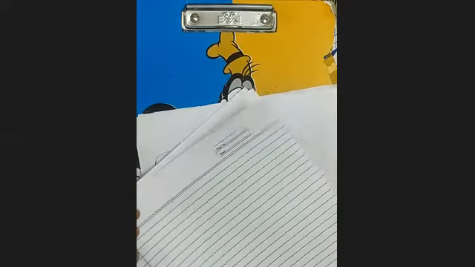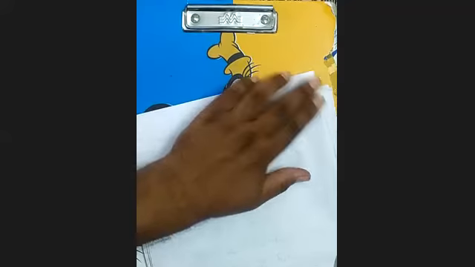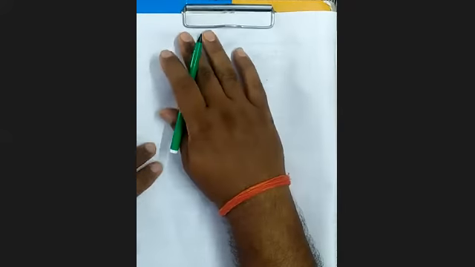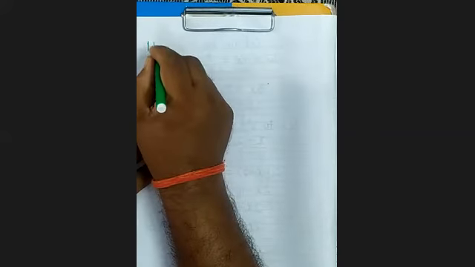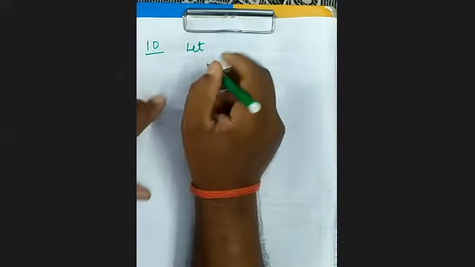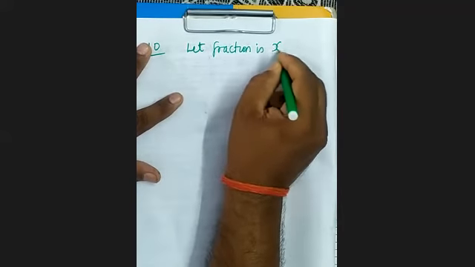Now see here question number 10. The solving portion I will leave to you. If 1 is added to the numerator of a fraction, it becomes 1/5. If 1 is subtracted from the denominator, it becomes 1/7. Find the fraction. Assume the fraction is x/y.